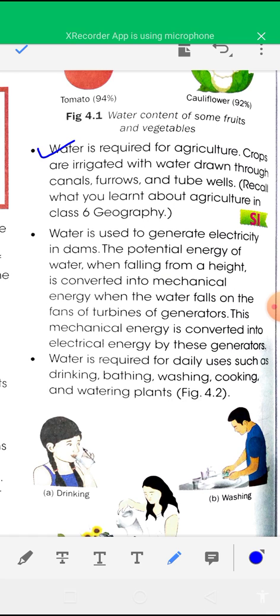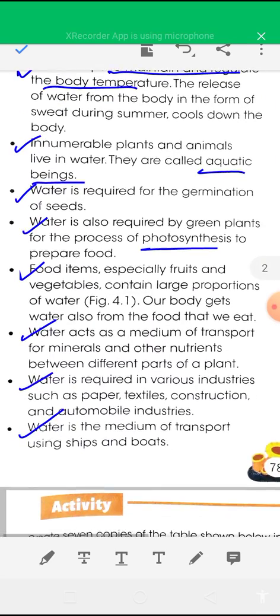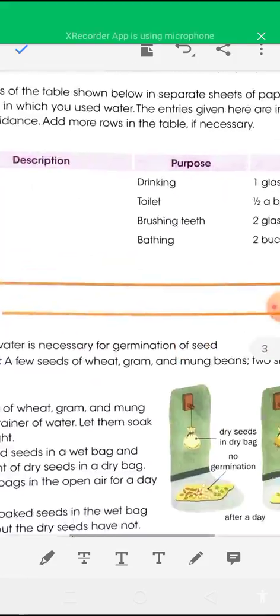Water is used to generate electricity in dams. Water is required for daily uses such as drinking, bathing, washing, cooking, and watering plants. So many importances of water are given here. Remember two or three importances of water.